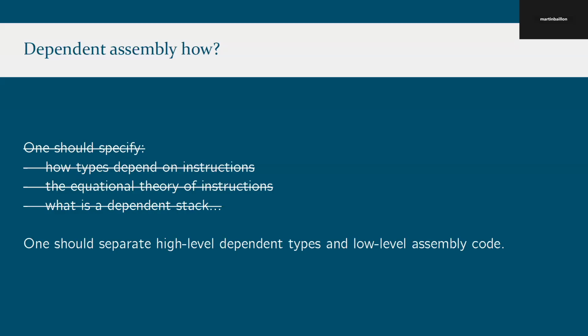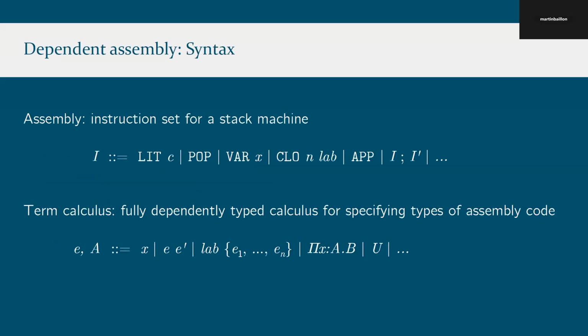The real design I want to present is that we should separate high-level dependent types and the low-level assembly code completely. And so the syntax is going to be a two-level syntax like this, with one assembly language right here.